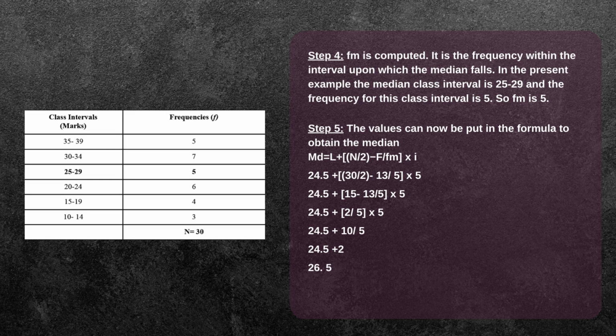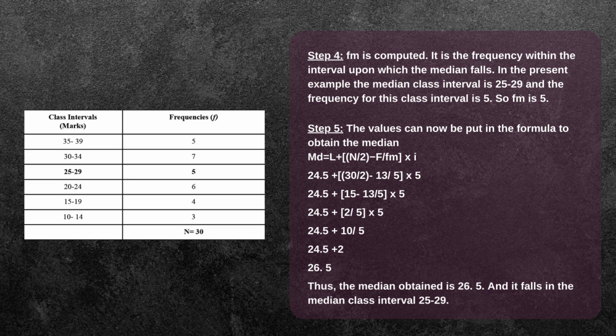So, 26.5 is the score which comes under the class interval 25 to 29, which we have calculated with the help of the frequency distribution ungrouped data positioning process, and we identified that 25 to 29 is the actual median class interval, and we finally identified the median score, which is 26.5.